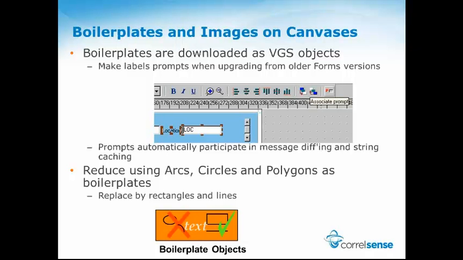Same thing with boilerplates and images. Okay, in the past, the title used to be a graphic item and not an item that was on the property palette. If you've been upgraded from 6i, for example, there is something called associate prompt, which allows you to take a textual item and attach it to a graphic item, such as a text box. And that's what was recommended a lot of times when people upgraded from 6i.